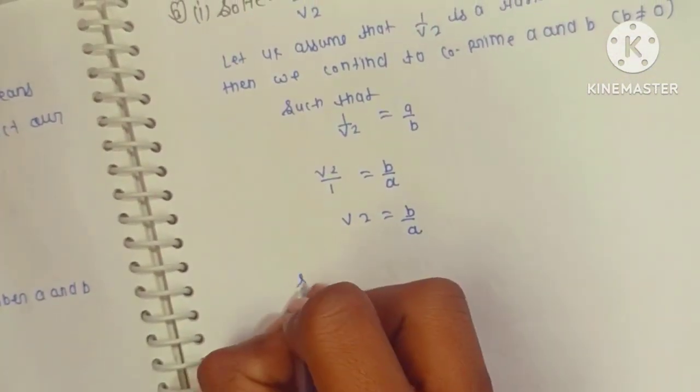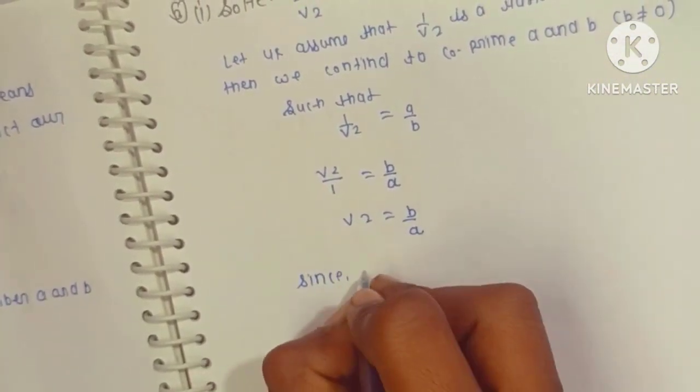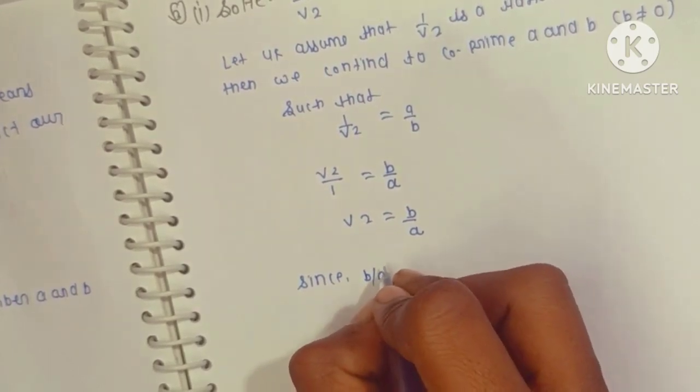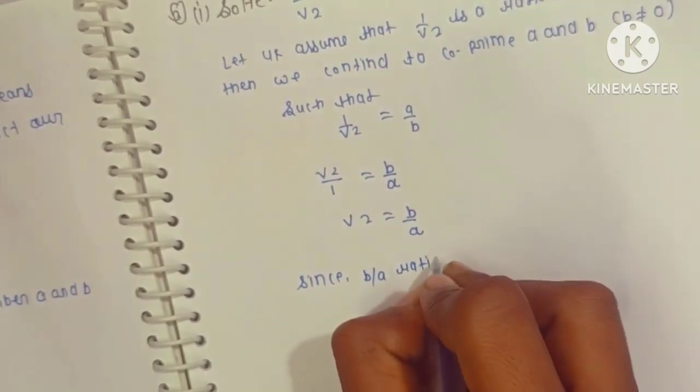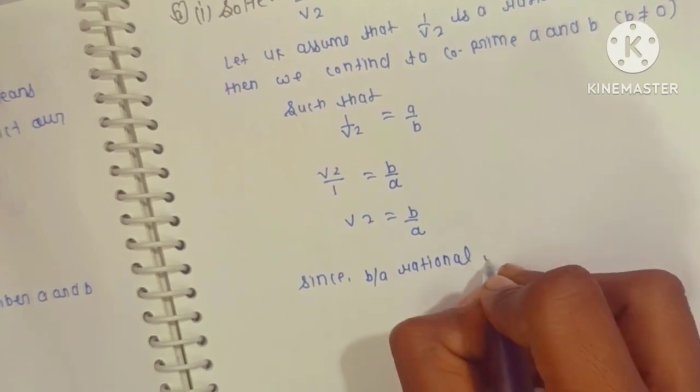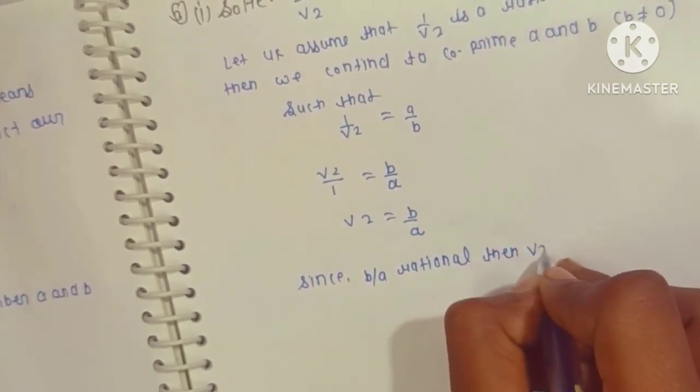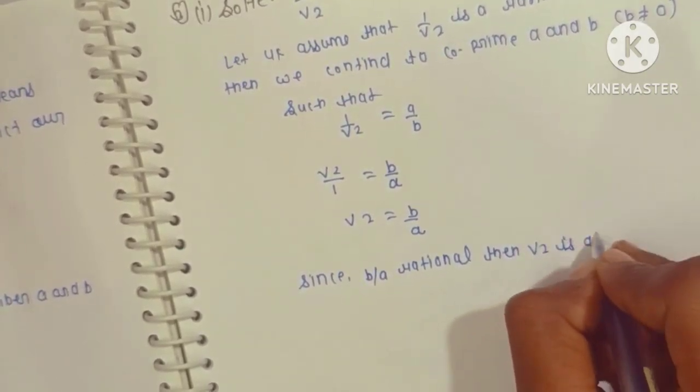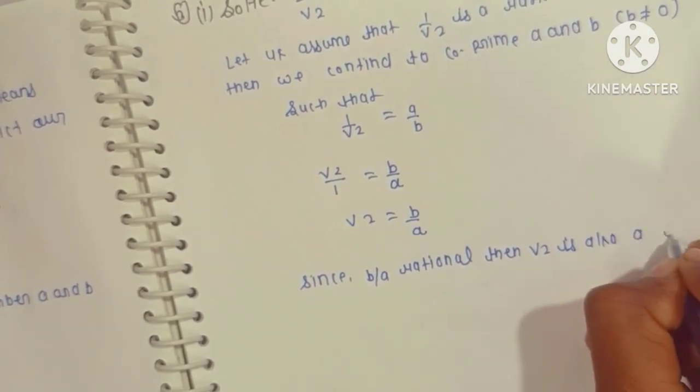Since b upon a is rational, then root 2 is also rational.